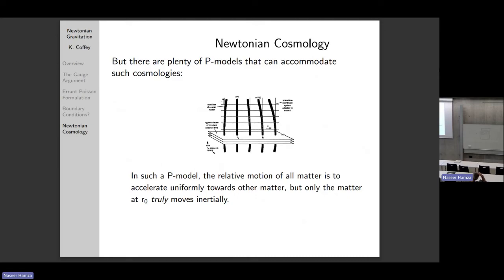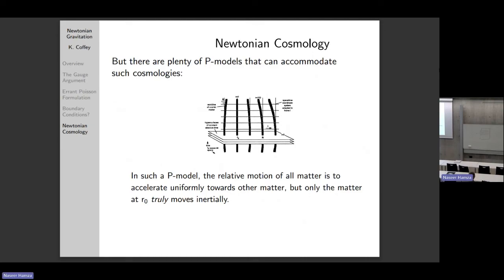Okay? So this is a solution, right? This is a dynamics involving a homogeneous isotropic matter distribution that satisfies the Poisson equation. But it has some strange features.